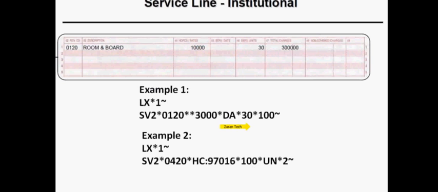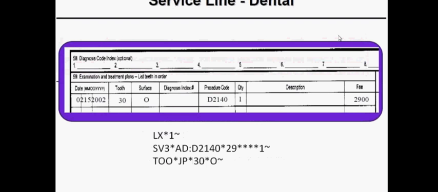And the revenue code is 0120. 120 is the revenue code here. So the rate is based upon the revenue codes, and we normally see the description here. Room and board is the service. Okay. So here is another service line, for dental.